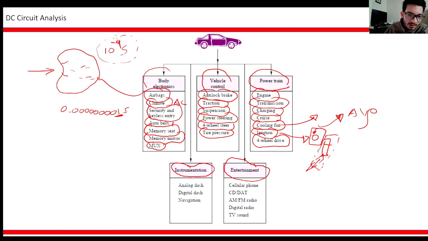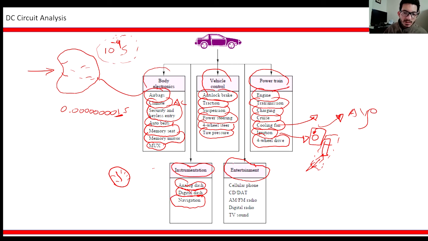What about instrumentation? We have the analog dash, kind of like the one that tells you the speed, because we'll see the difference between analog and digital again. The digital, which is kind of like the value of temperature, or the radio station is digital. The navigation, which is the maps.